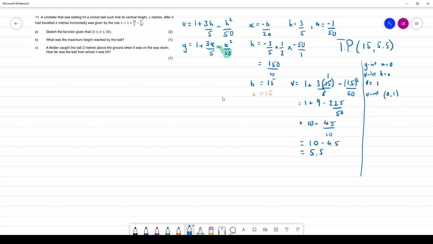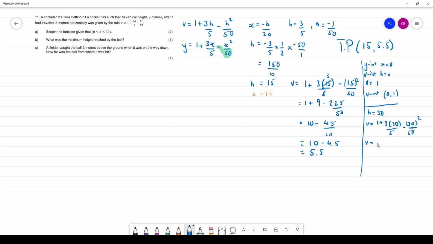That's it. Now, we also want to find out what happens at 30, because that's where we need to stop drawing the function. So we just sub in h equals 30. Sub that in, see what we get. So v will equal 1 plus 3 times 30, over 5, minus 30 squared over 50.